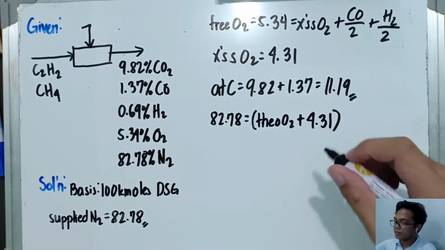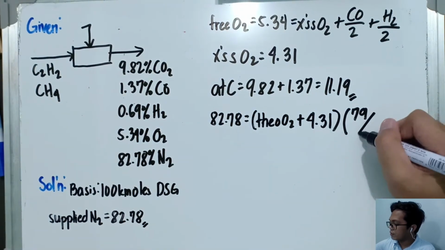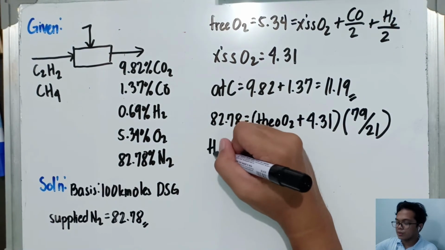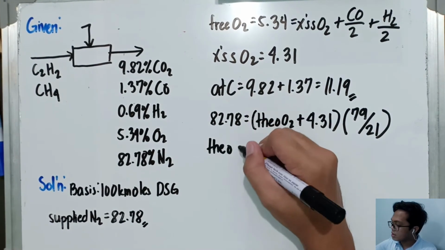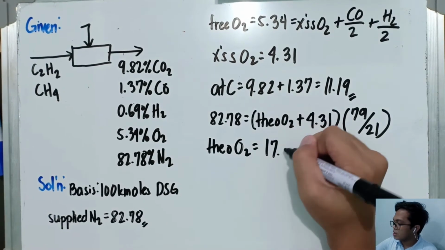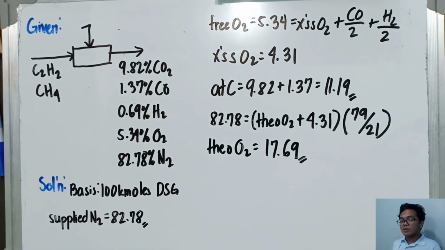Now multiply that by their stoichiometric ratio, that is 79/21. Now we can get our theoretical O2, which is 17.69 kilomoles.